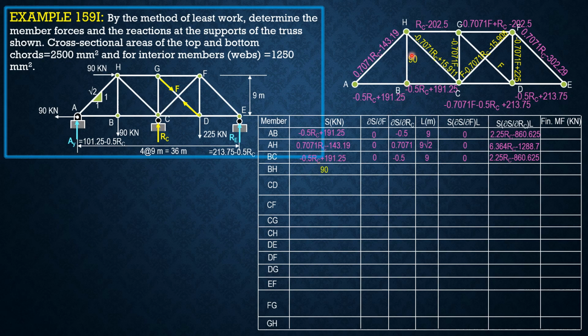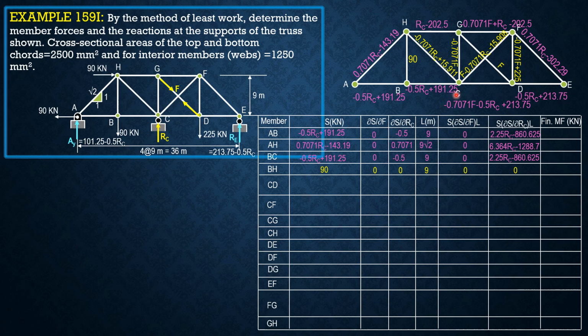For BH, it's 90. So the partial derivative with respect to F is 0, with respect to R sub C is 0. The length is also 9, but 0, 0. So the final member force would be 90.